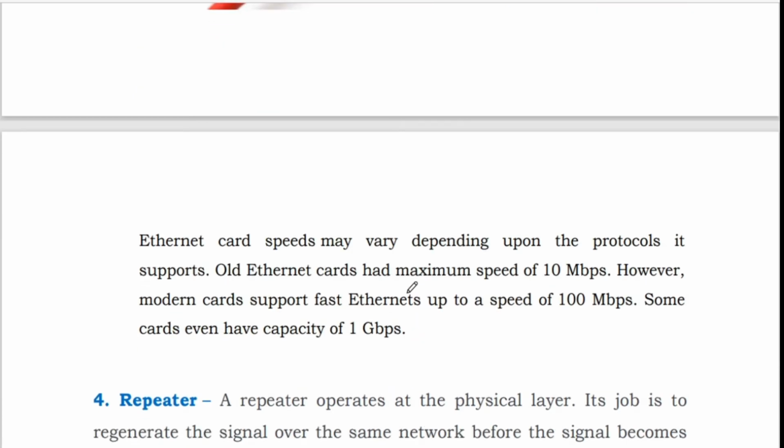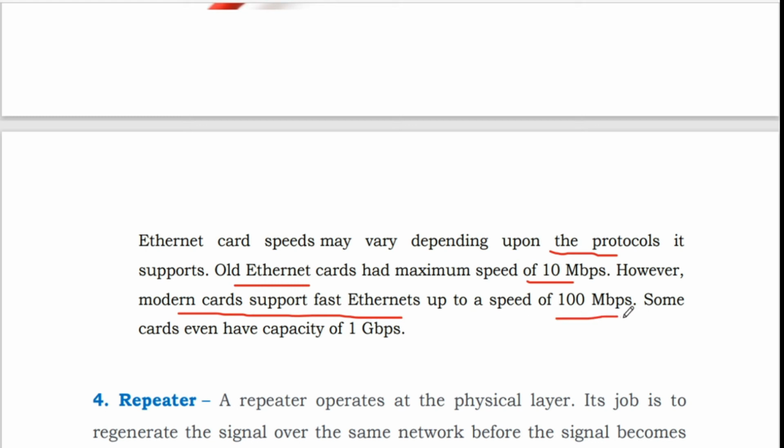Ethernet card speeds may vary depending upon the protocol used. Whatever protocol it uses, it varies with speed. If you have old Ethernet cards, the maximum speed is 10 Mbps. However, modern cards support Fast Ethernet up to a speed of 100 Mbps.